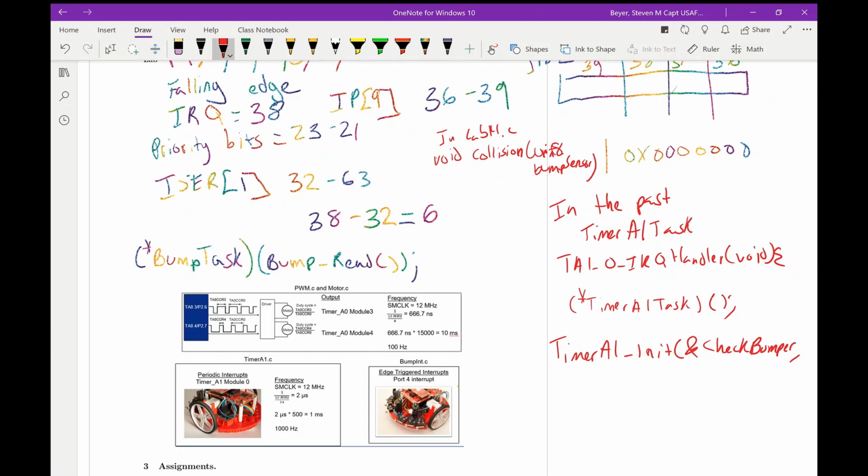So we can call the bump read, so we need to put bump read in our bump int.c, but our bump read then is going to be exactly what our bump read was in the past. So up here, this is within our port 4 IRQ handler.